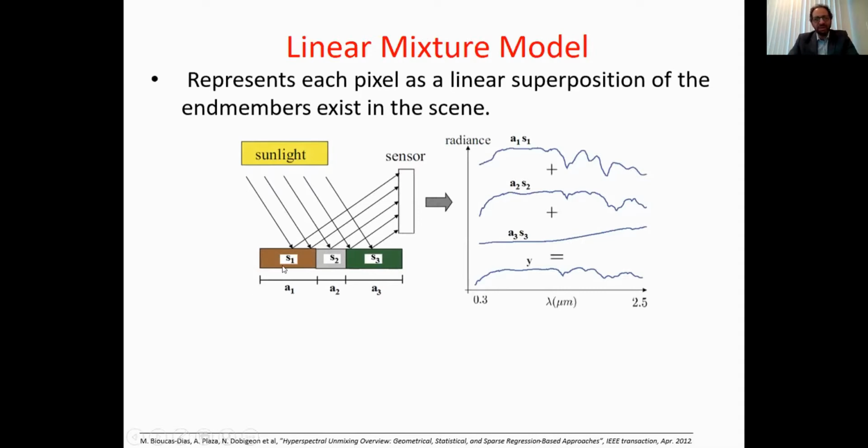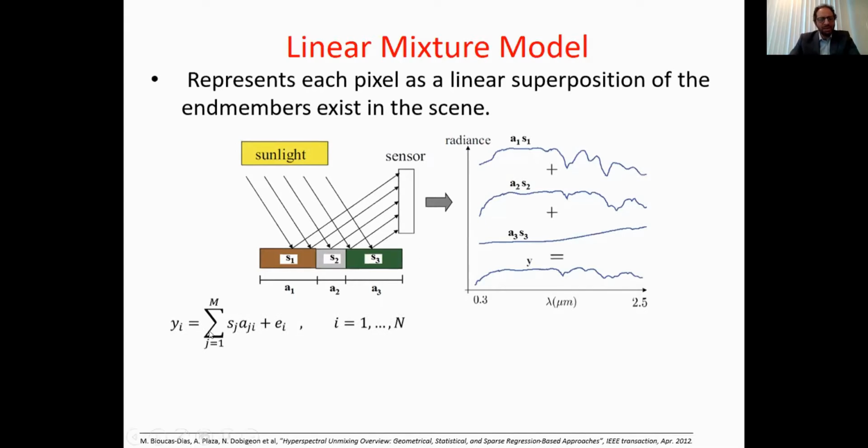It comes down on these locations, S1, S2, S3, and the signal at one of these is going to be a combination of percentage A1 of S1 plus percentage A2 of S2, plus percentage A3 of S3, where the A's are the abundances, which are the ratios of the presence of these materials, and S1, S2, S3 are the unknown spectral signatures for the materials.